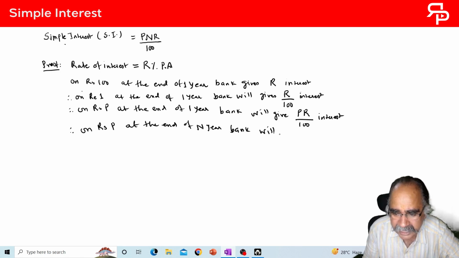So on n years it will give PNR. We have to multiply by n because in 1 we have multiplied by n. So the right side also you have to multiply by n, this much interest.